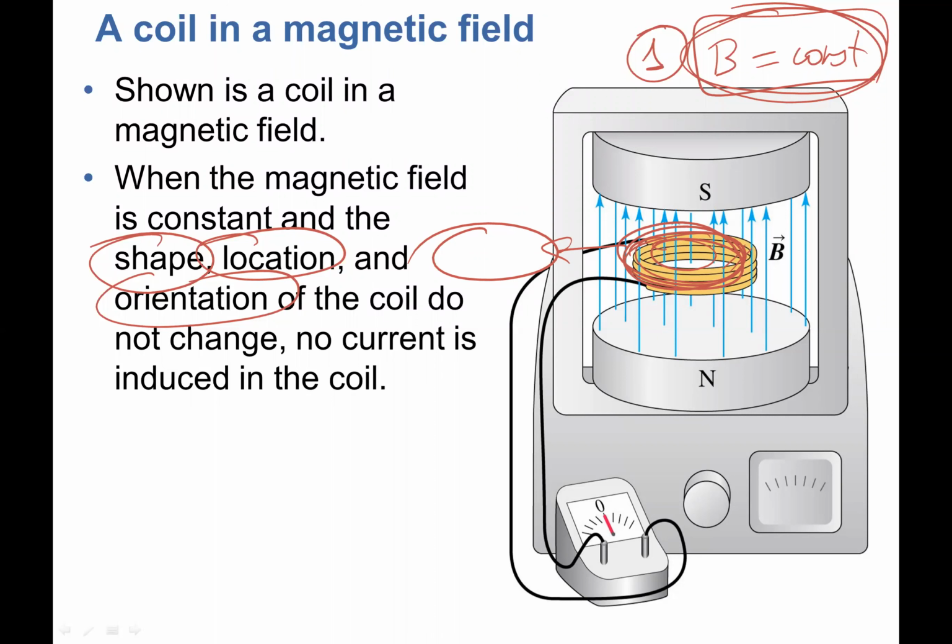Well, you're moving from one region where there is a magnetic field through the coil to another region where there is no magnetic field through the coil. That means you're physically changing the magnetic field through the coil by changing the location. While you're moving, there will be induced current.